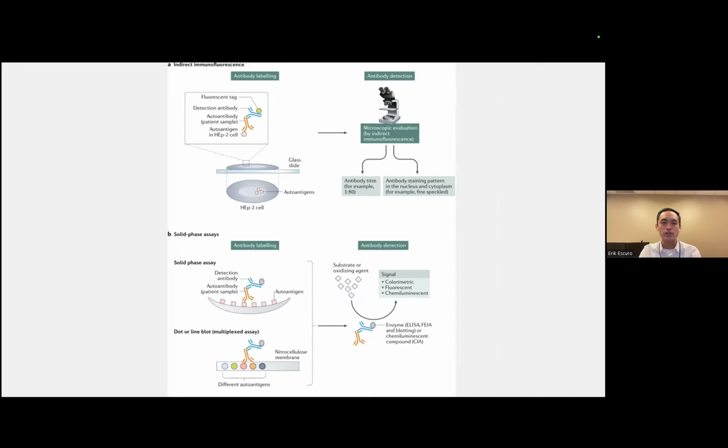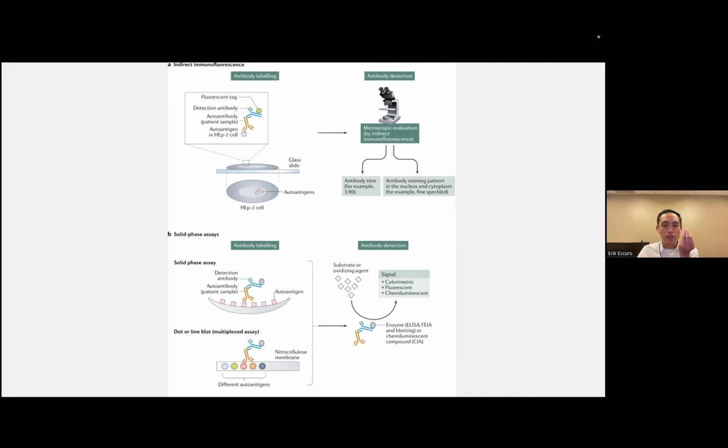What this basically is, is that we have a group of control cells that have these proteins or autoantigens that can bind to pathologic antibodies. And so we take this control cell line, we take the sample of blood from a patient that, if they have an autoimmune disease, they've probably got some antibodies in there, and we just combine them.